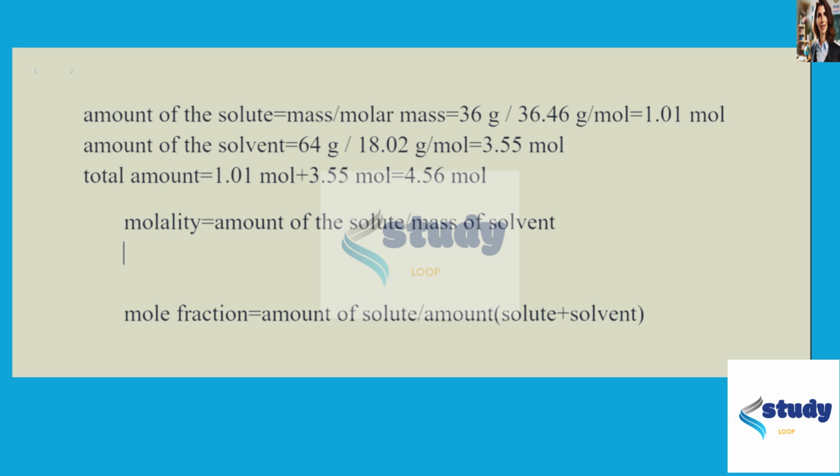So the molality equals the amount of the solute, which we know is 1.01 mole, divided by the mass of solvent, which we calculated before, the 64 grams, or 0.064 kilograms, which leaves us with 15 mole per kilogram, or 15 small m, as it's written sometimes.